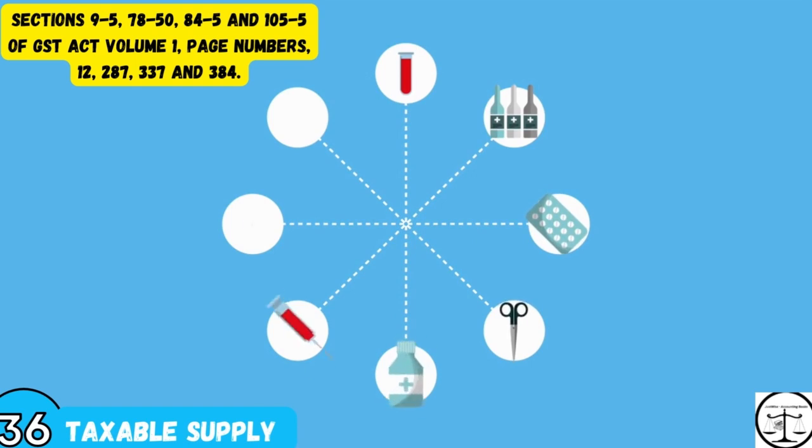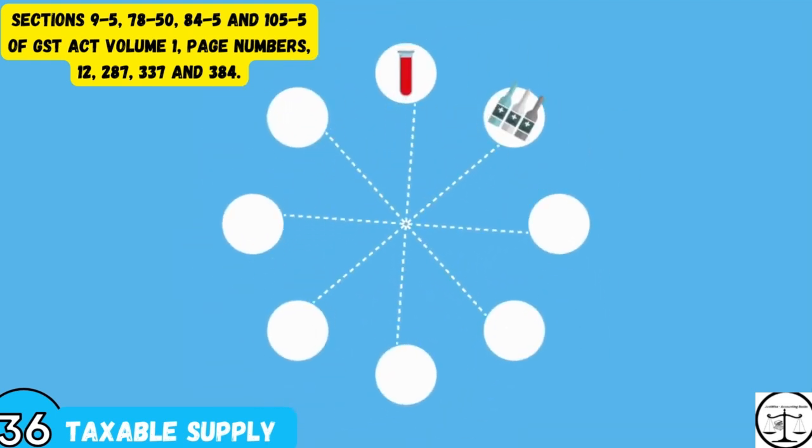Taxable supply has the meaning given by sections 9-5, 78-50, 84-5 and 105-5.